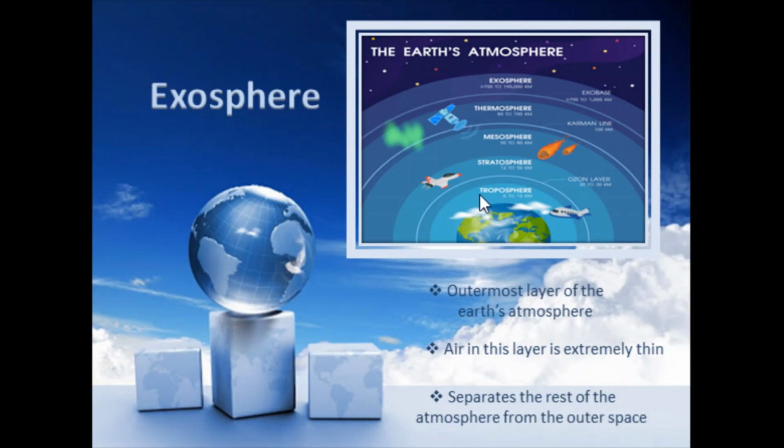Okay, so we have 1, 2, 3, 4, 5 layers of the atmosphere that separates us from the outer space.